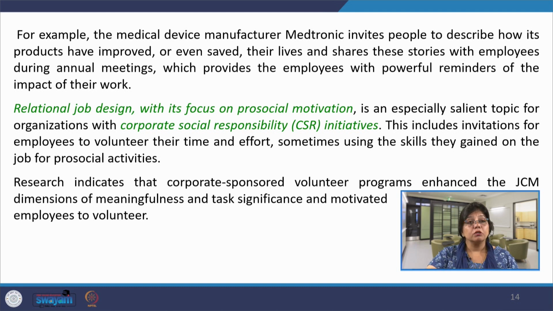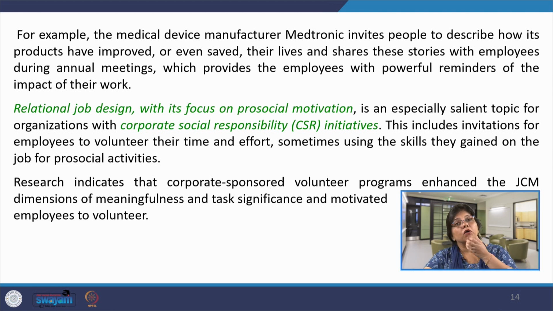So, with its focus on pro-social motivation, the focus of relational job design is not only pro-social, that is helping others, but it also has a salient topic of corporate social responsibility. That means this includes invitations for employees to volunteer their time and effort, sometimes using the skills they gain on the job for pro-social activities.